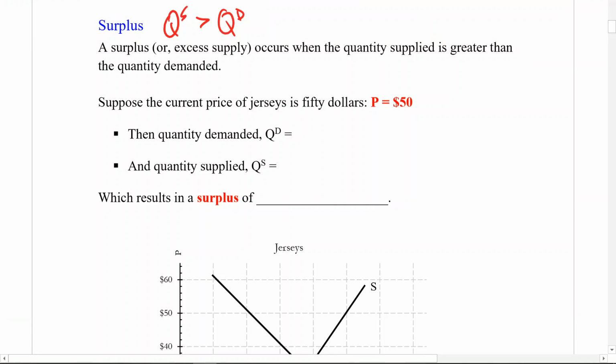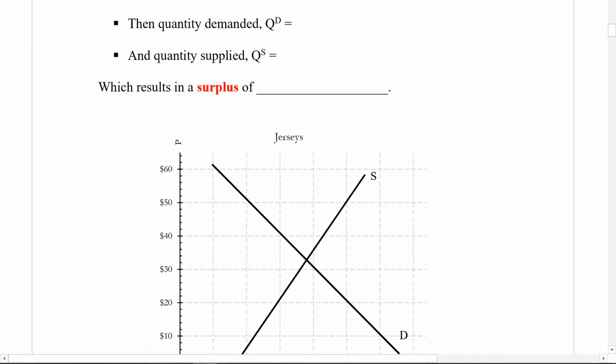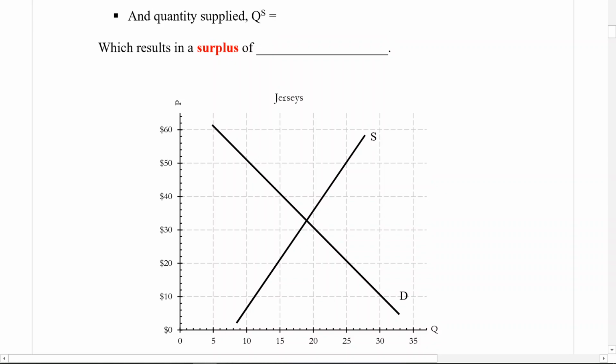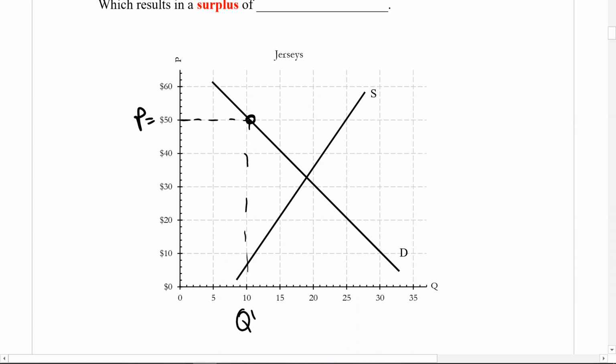And we'll look at this through this example with jerseys. Let's suppose that the price in the market at the moment is $50. At that price, we come over, and there's our quantity demanded at about 10. At that price, we also have our quantity supplied over here at the supply curve, and our quantity supplied is 25.